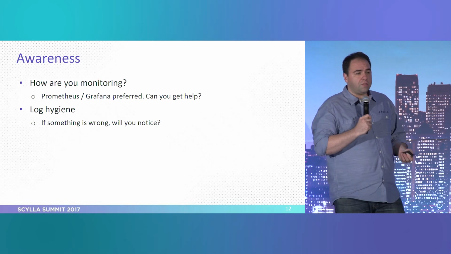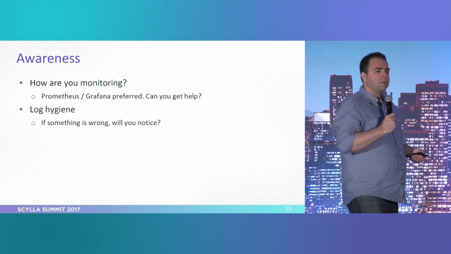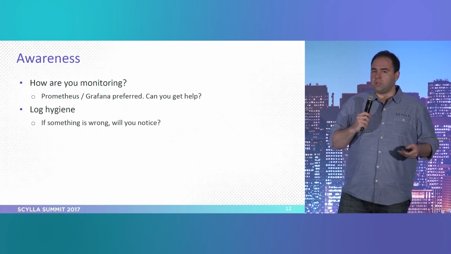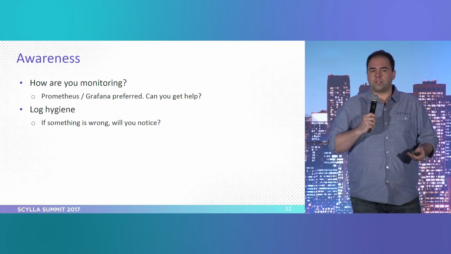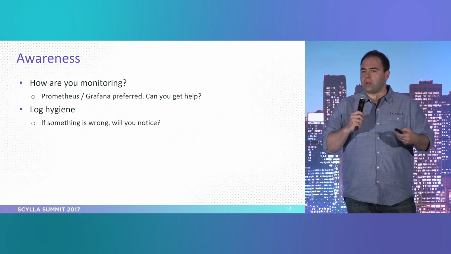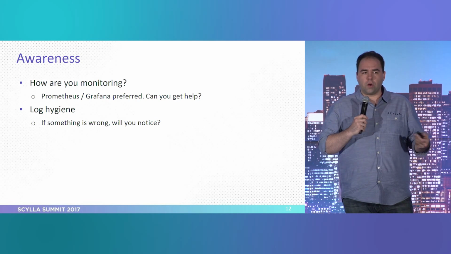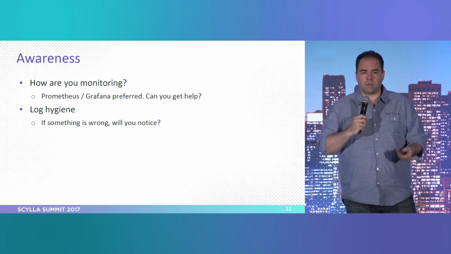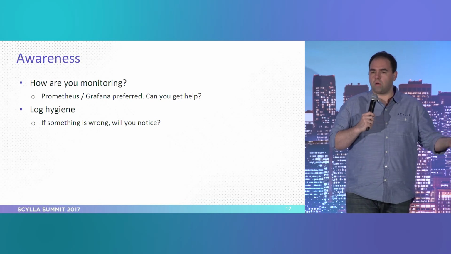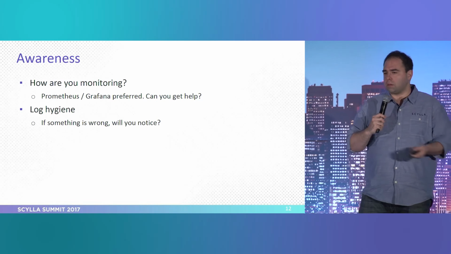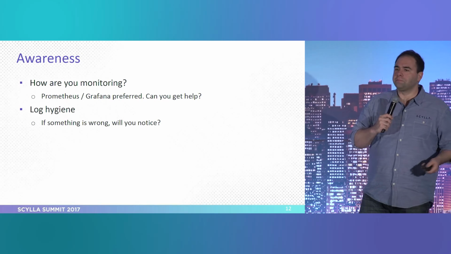We saw from Avi's talk, very important, awareness of your cluster. That means monitoring. Are you monitoring? If we happen to print a message on the logs saying that something went wrong, are you going to see that message, so you have some nice log hygiene to see what's going on? Are you using our Prometheus Grafana cluster or any other solution?